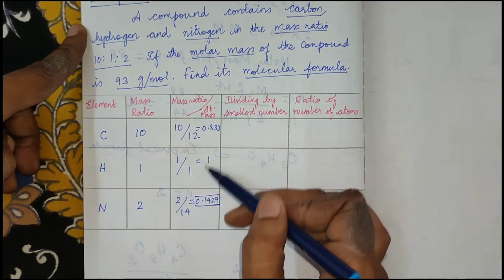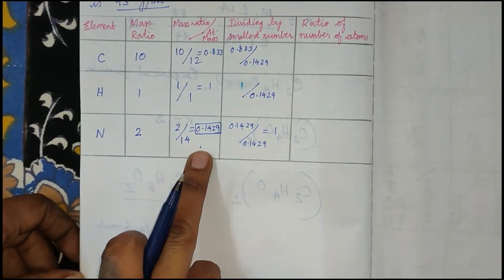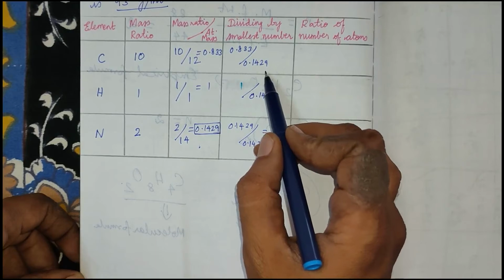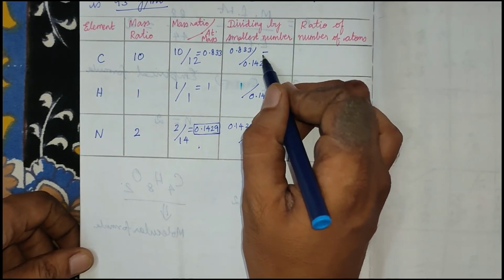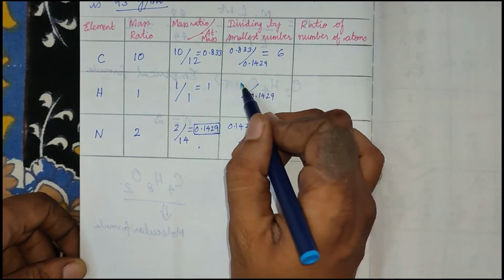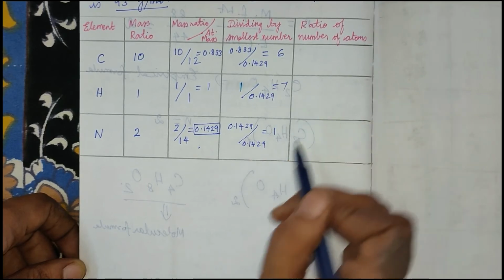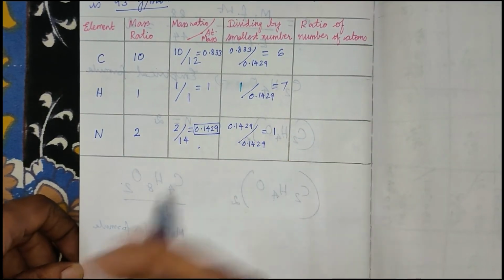So I am going to divide all these values by the smallest value. 0.833 by 0.1429 is equal to 6, and 1 by 0.1429 is equal to 7 approximately, and 0.1429 by 0.1429 is equal to 1.